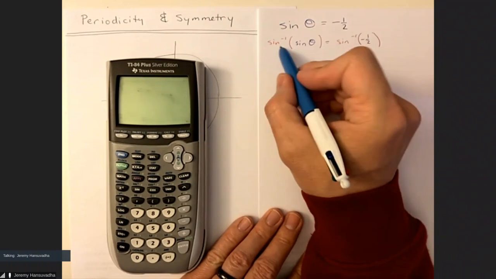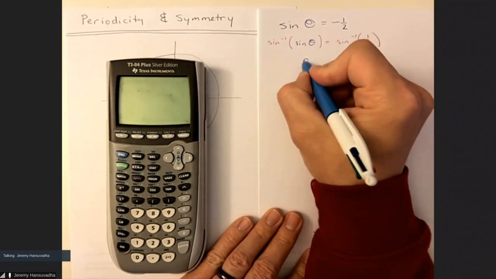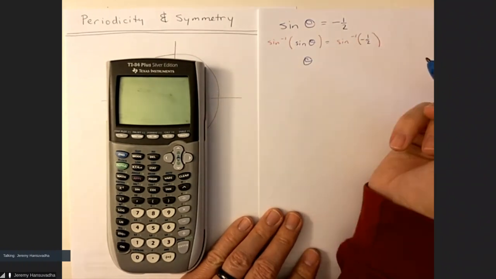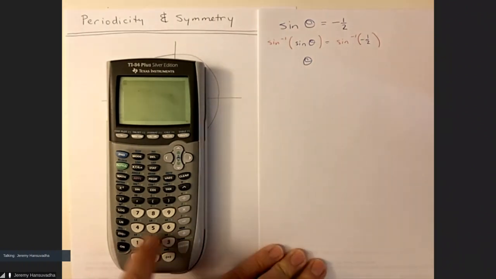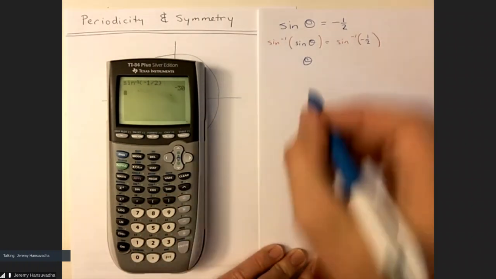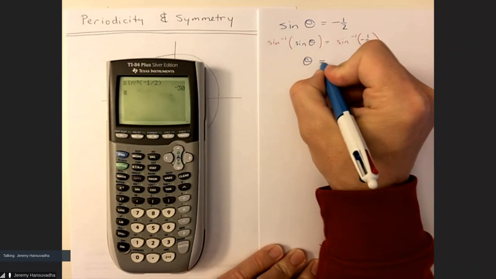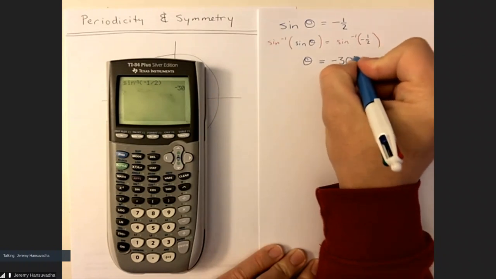And then the inverse sine and the sine undo each other, leaving us with just the theta. And then the inverse sine of negative 1/2, I'm just going to type that into the calculator, negative 1/2, I get a value of negative 30. That's exactly negative 30 degrees.